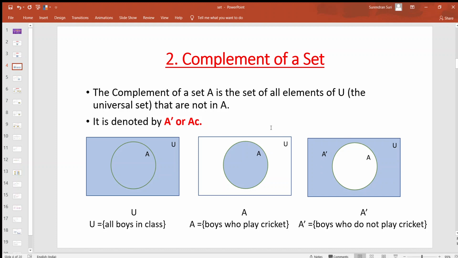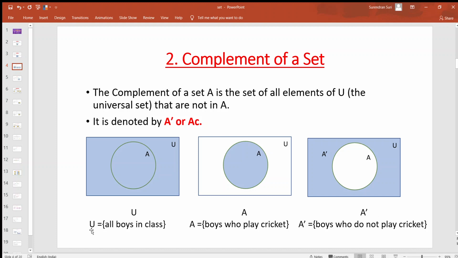Let us see the definition. Complement of a set is the set of all the elements of U that are not in A. So this is A, and whatever is not in A, that is outside A, this shaded portion is called A complement. Let us understand by using another example.